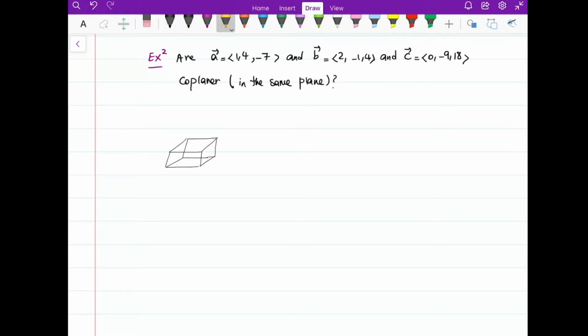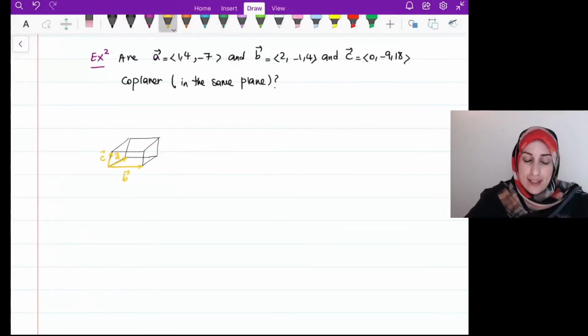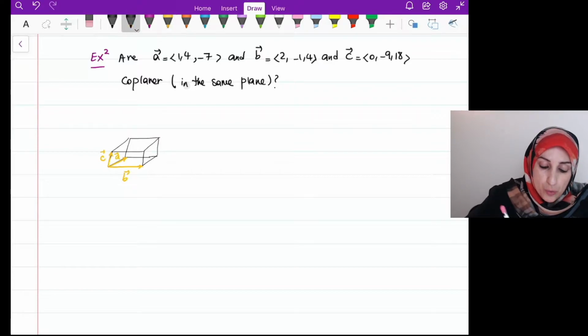Assume this is the vector a, this is the vector b, and this is the vector c. If they are not in the same plane, then they do make a parallelepiped, but if they are in the same plane, they don't. So we need to find the triple product of these 3.